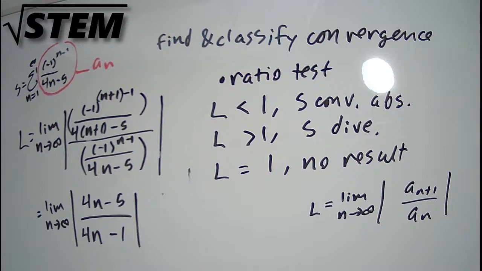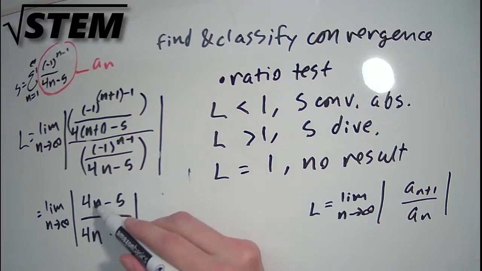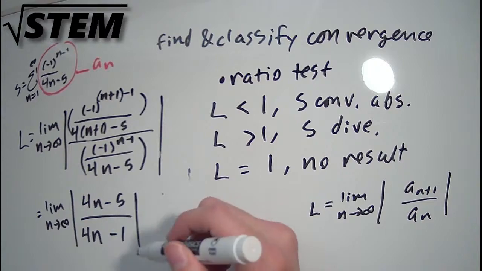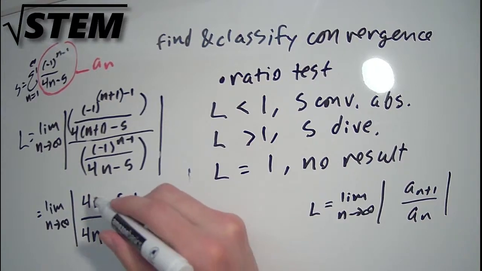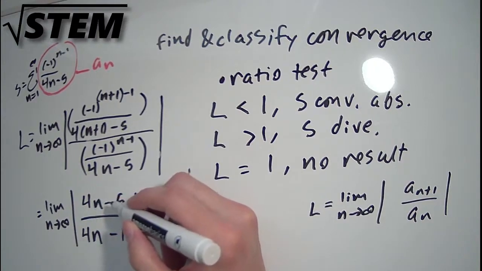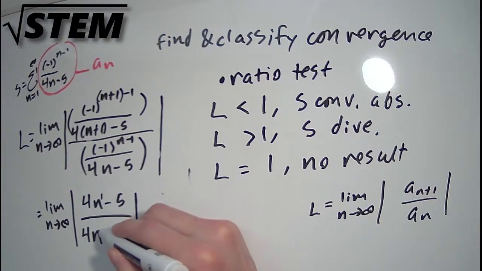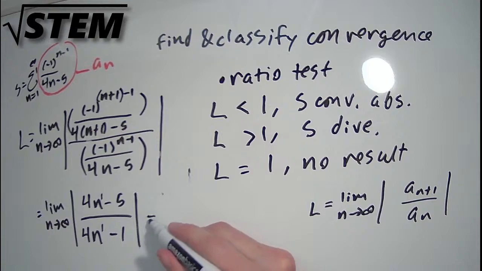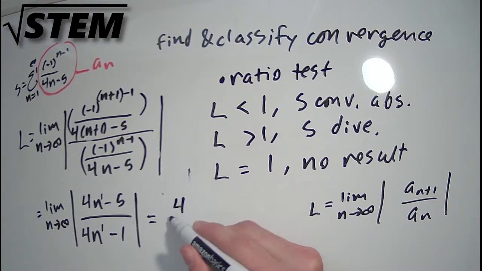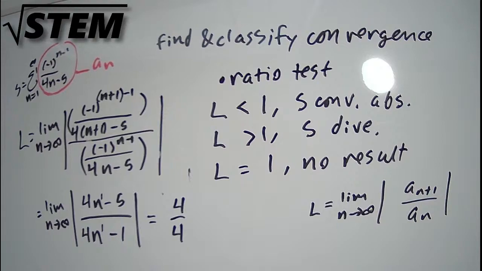Because when we have a limit going to infinity of a rational function like this, if we have the same power of our variable on top and bottom, n to the first power and n to the first power, the limit evaluates to the coefficients of those variables. So we get 4 over 4, which is equal to 1.